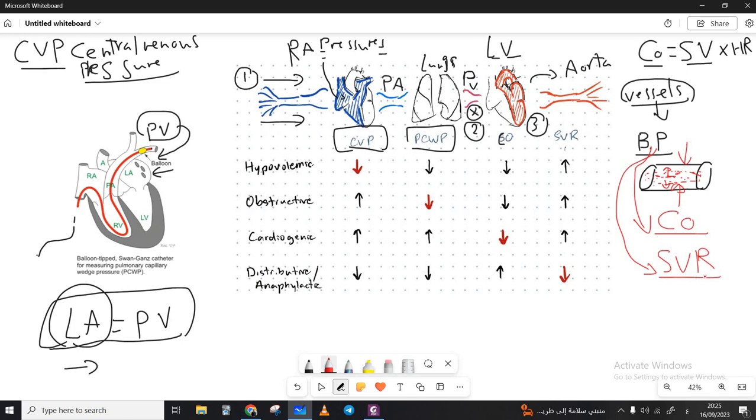Systemic vascular resistance is a way for us to see how much pressure the vessel exerts on the blood, or how much resistance we have. That's it. And this is the fourth stage here. So that's it. Let's get into our types of shock.